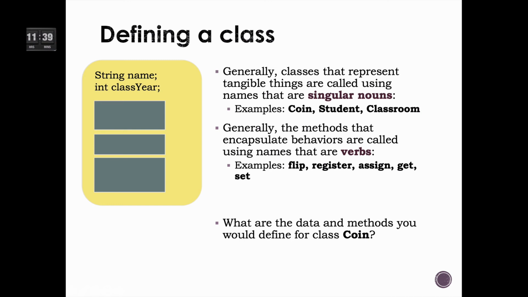Well, it needs to have the face inside, maybe the denomination, maybe the size, maybe the metal that it is made of, etc., etc. And then the behaviors are what can apply on the different data that a coin contains and do something with them. So you could flip a coin, and that will tell you whether it came, let's say, heads or tails, if the coin had these kind of defined values.